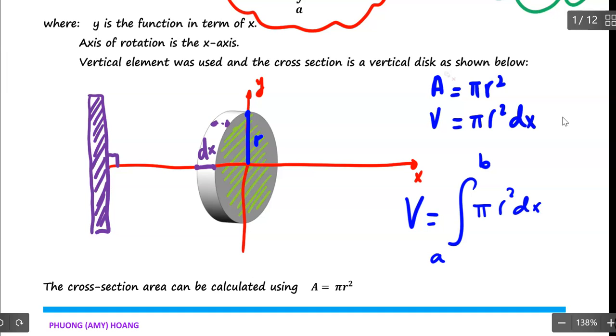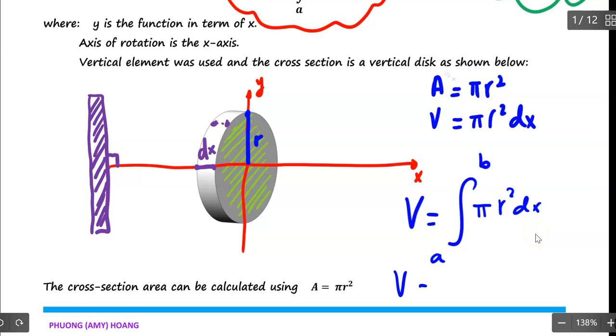Remember the definition of integral: if you have a constant, you can bring that constant across the integral sign, because pi is a fixed number. Pi is 3.14159, I believe. Then what we do is we bring the pi across the integral sign.